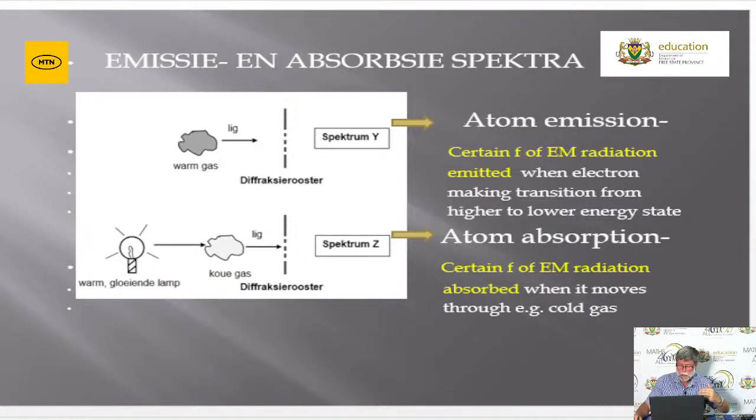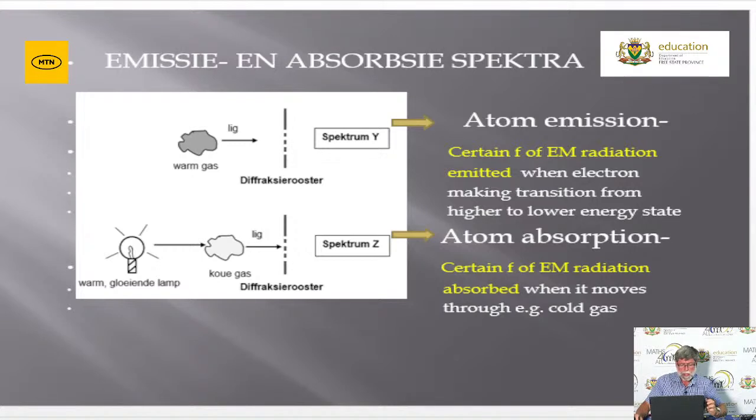When electrons drop down from a higher to a lower energy level, it emits photons, and then you get a line spectrum, an emission spectrum with lines relating to the energy and the color. The second type of spectrum that you must remember, please, is the absorption spectrum, where you shine light through a cold gas, and then some frequencies of light are absorbed.